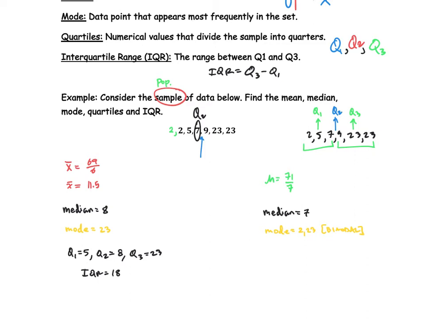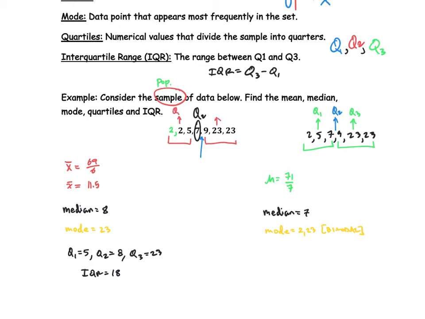Okay, let's do the same thing for our second set. When we had an odd number of numbers, something similar results. So we're going to take our lower half, which will be 2, 2, 5, and our upper half, which will be 9, 23, 23. And of course, we find the middle number.